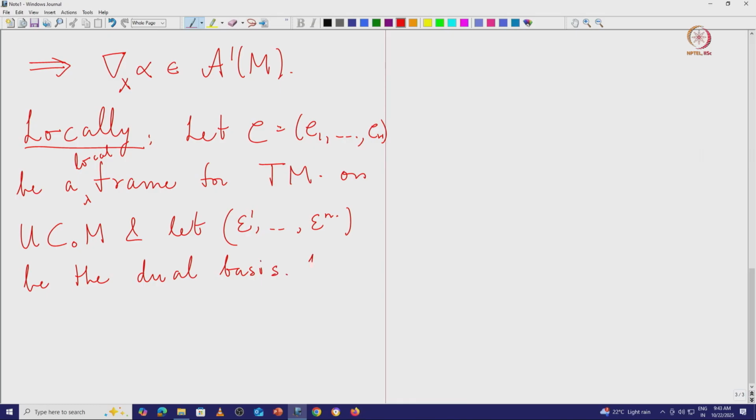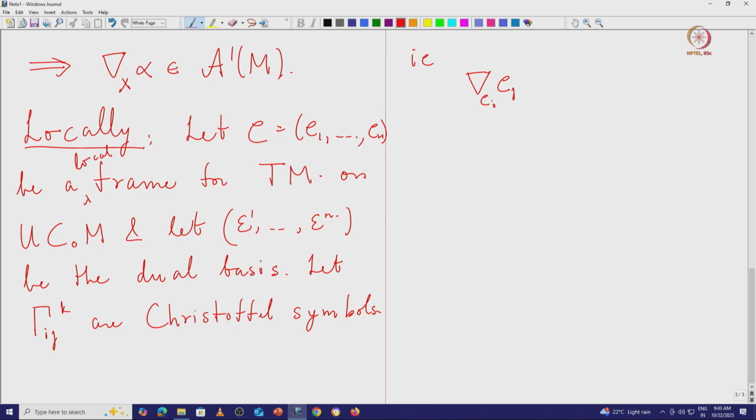Suppose gamma i j k are the Christoffel symbols. Let me remind you what that means. That just means that if you differentiate Ej in the direction of Ei, you get gamma ijk times Ek.